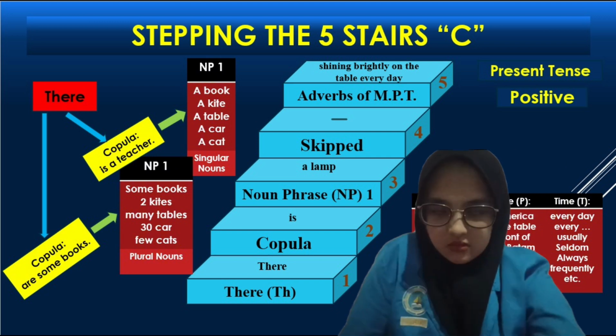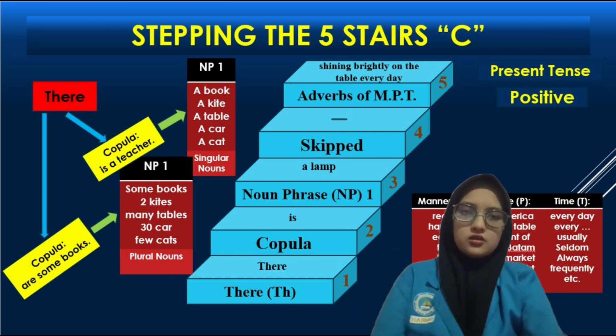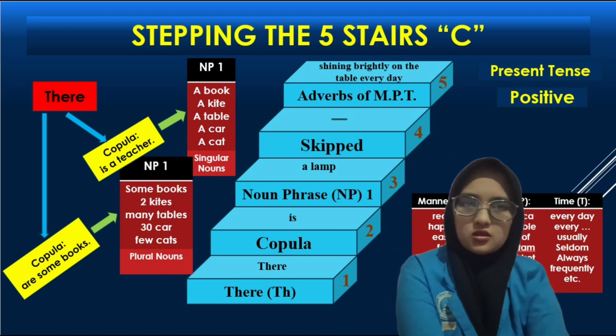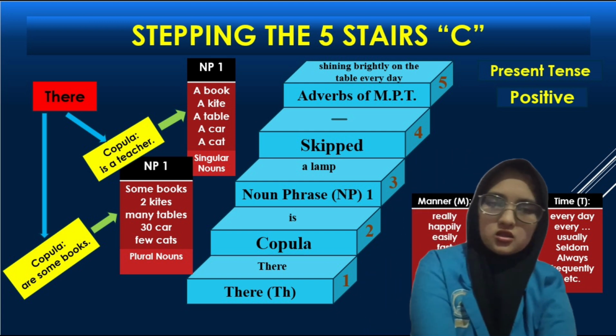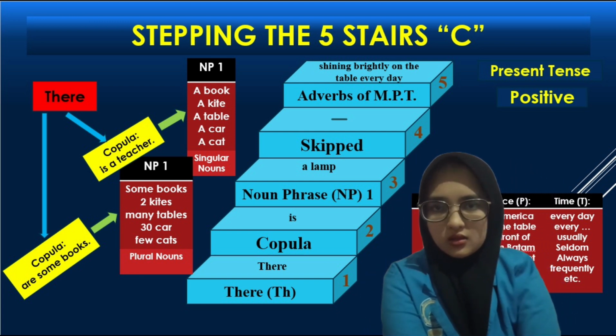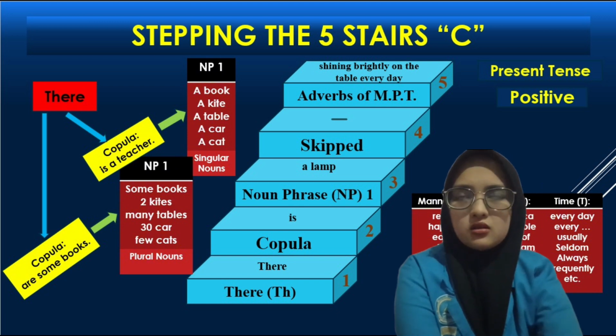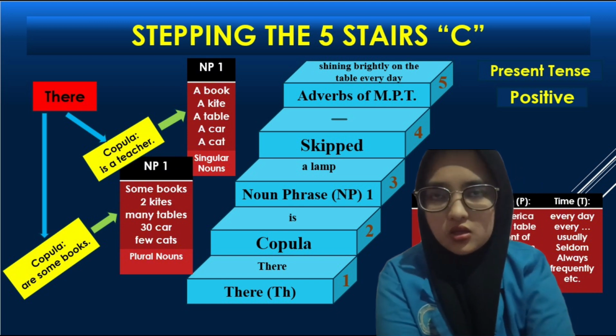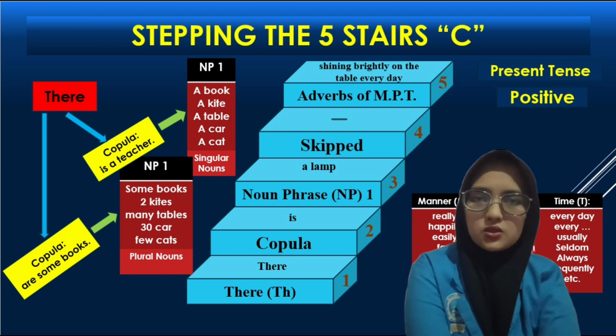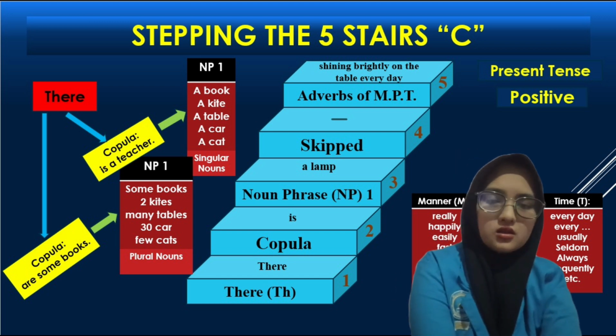after the verb. As you can see on the screen, the structure of present tense positive is: there, copula. The copula depends on the quantity of the noun phrase one, or subject, in the sentence.